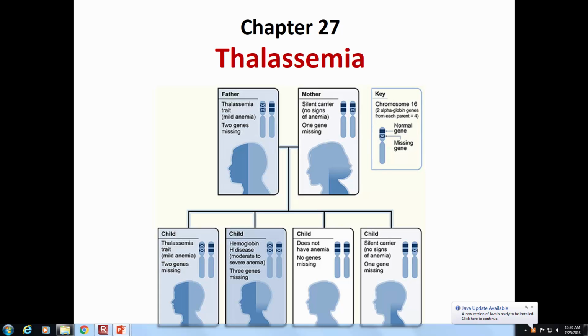That's why you see such a wide range of symptoms when it comes to thalassemia patients. Some of them are very sick. Some of them cannot survive a month without transfusion. You have to get blood transfusions all the time to survive. Some of them don't even know they have a disease. And you can see how these combinations play a role in the intensity of the symptoms of this disease. Okay? Any questions?